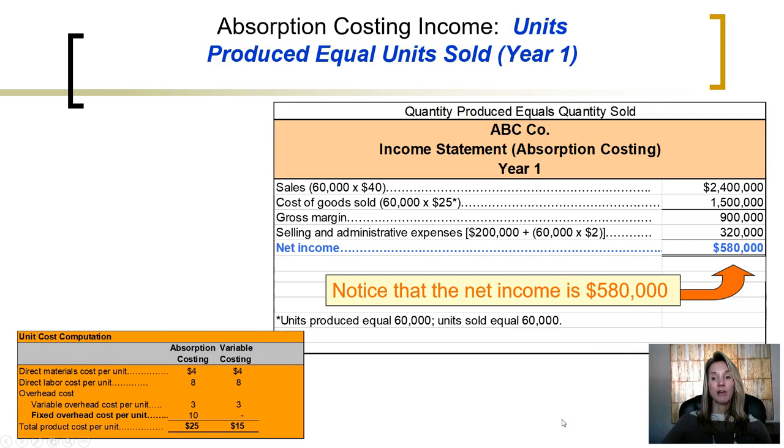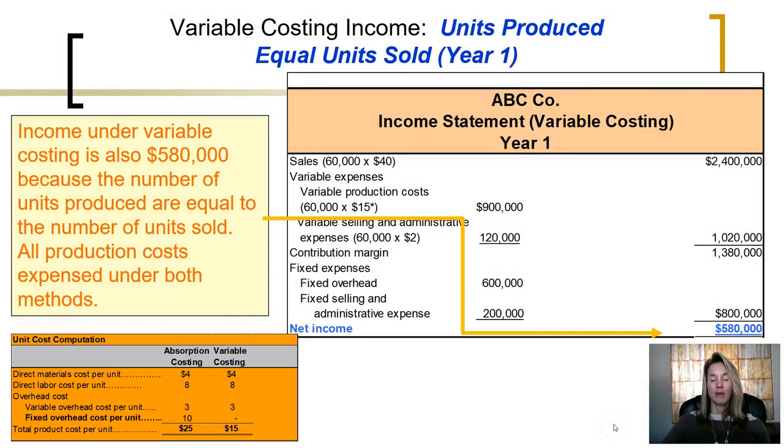If we were to prepare an income statement for this same year under variable costing, we would see that total revenues would remain the same, number of units times the same selling price. We would then subtract our variable cost, 60,000 units times a variable production cost of $15 per unit, because recall that under variable costing, the unit cost only includes the variable.